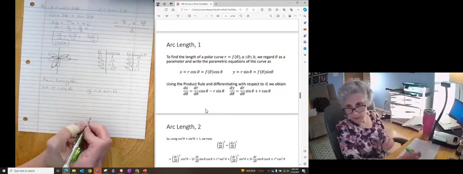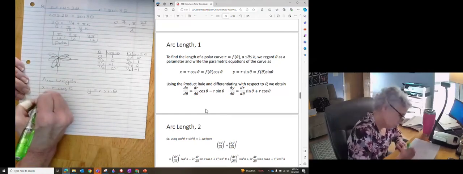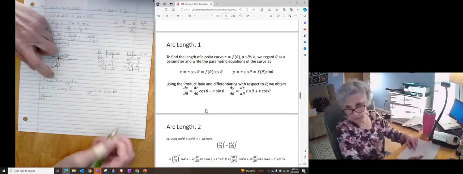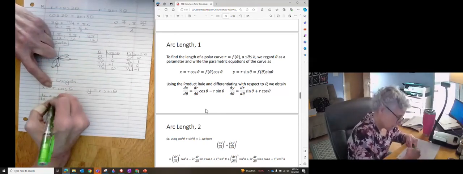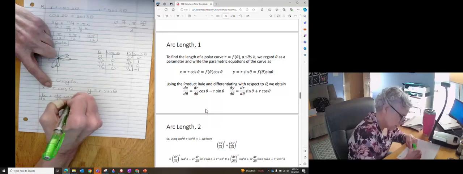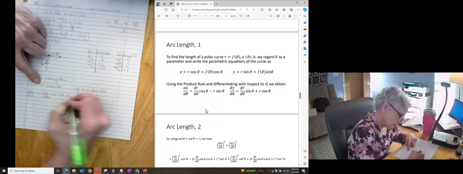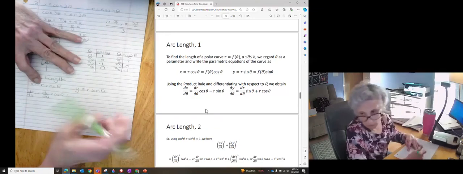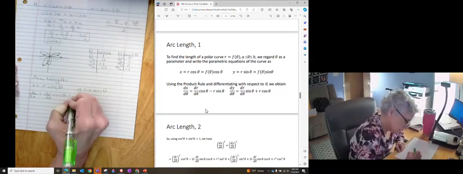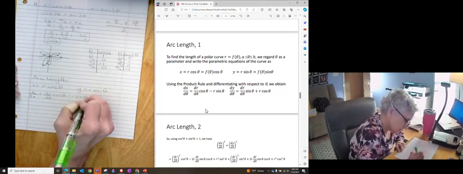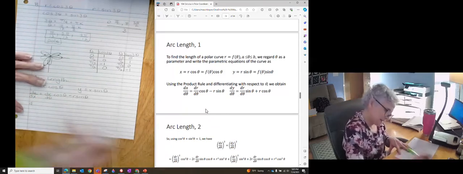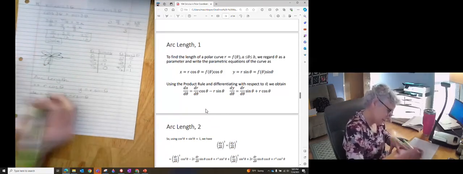So that means if we are using the product rule, dx/d theta would be equal to dr/d theta times cosine theta plus the derivative of cosine, which is negative sine. So just r times negative sine theta. And then this is dx/d theta, not dx/dx.